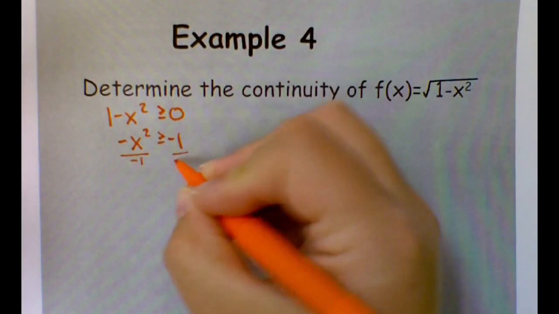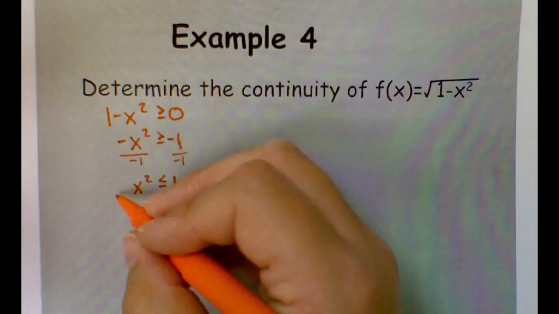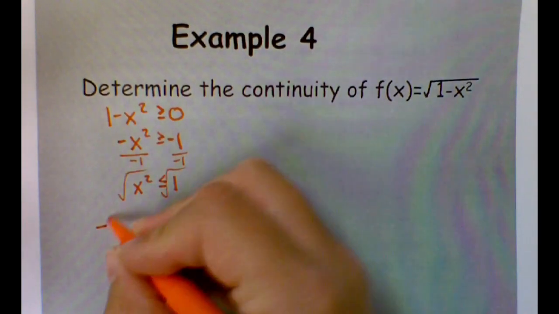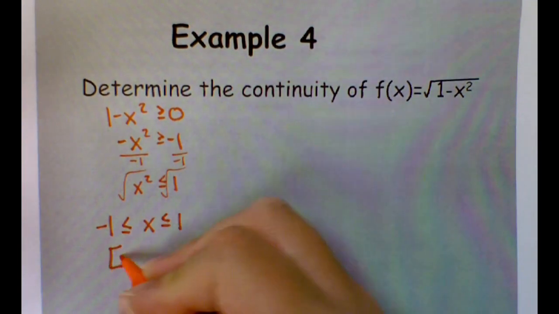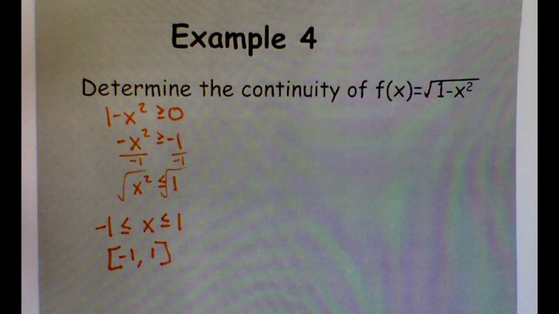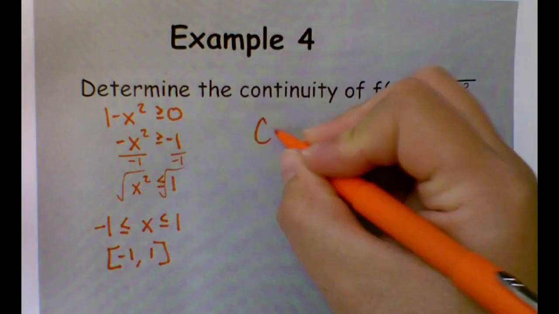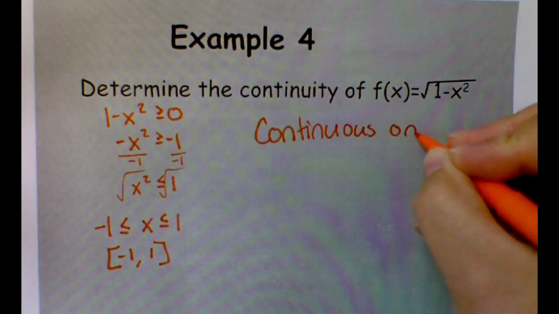Divide by negative 1. x squared has to be less than or equal to 1. Square root both sides, we get negative 1 is less than or equal to x is less than or equal to 1. So our domain is negative 1 to 1. I want to know if it's continuous on that domain. Well, there are no gaps, holes, or any issues like that, so we know it's continuous on the closed interval.